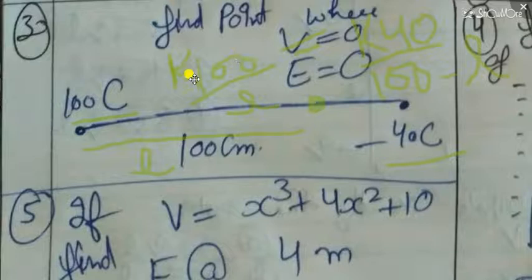On solving, we get 5 here and 2 here. So 2L is equal to 100 into 5, 500, minus 5L.